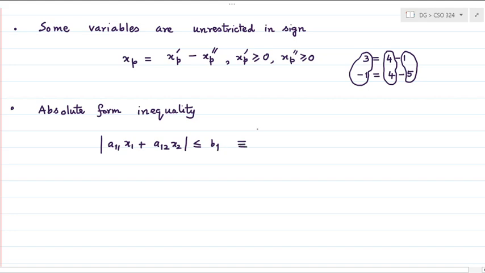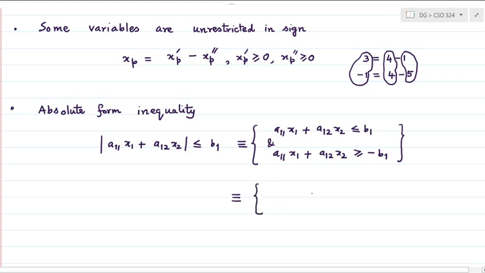We note that this can be equivalently written as a11x1 plus a12x2 less than equals to b1 as well, together with a11x1 plus a12x2 greater than equals to minus b1, right?